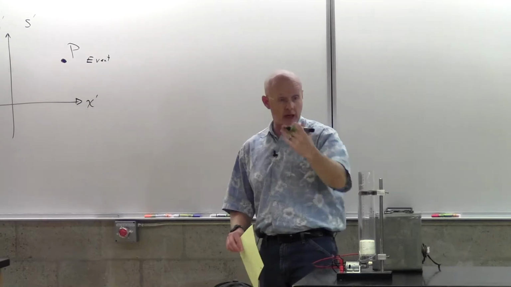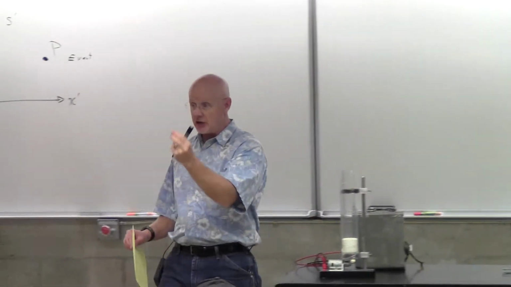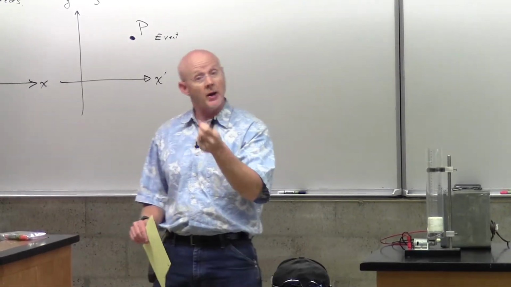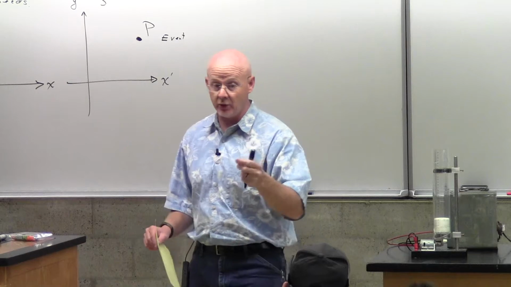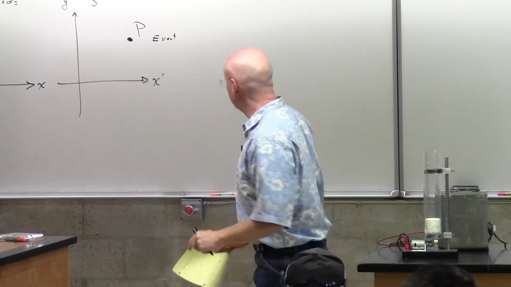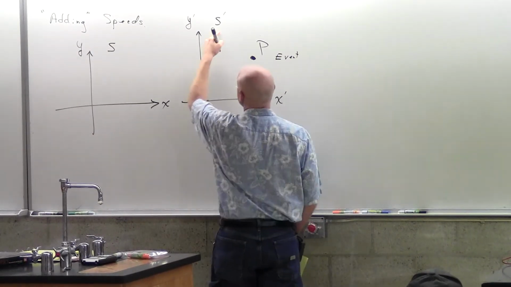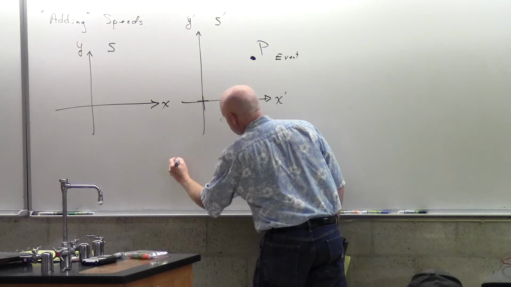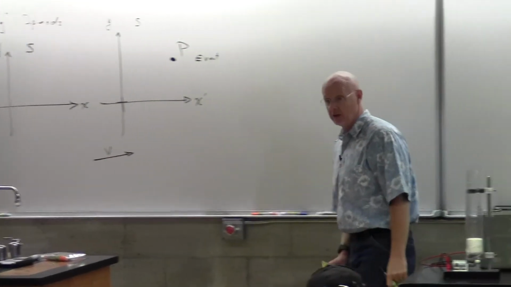And so let me make sure I got this clear. There are 2 systems here. There's a coordinate system measured by you. Those would be the X and Y without the primes. There would be a coordinate system measured by me. Those are with the primes. You and I are moving relative to each other. So we will say then that this coordinate system is moving this way with a velocity of v.